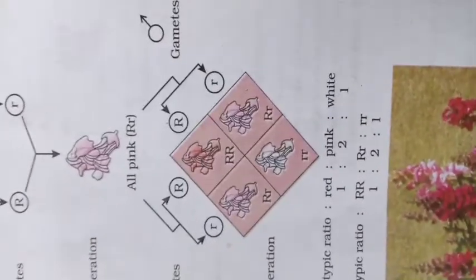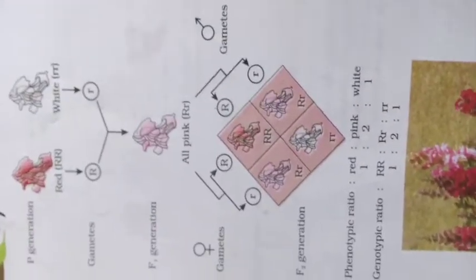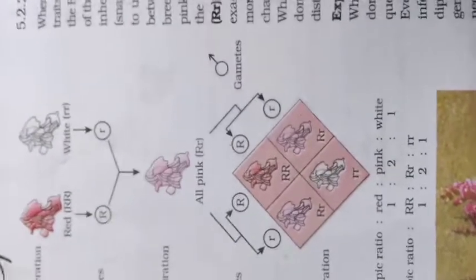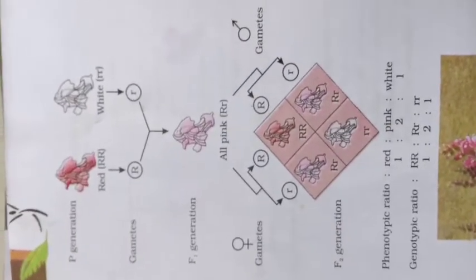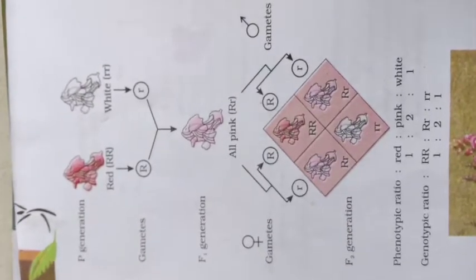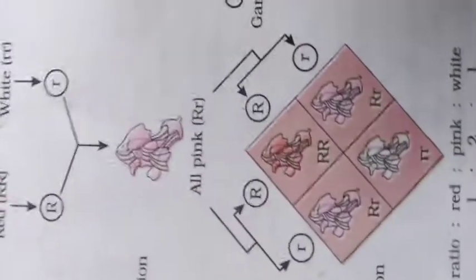And here, what happened in this incomplete dominance is that the red colored flower gene was not completely dominant over the white one, it was partially dominant.